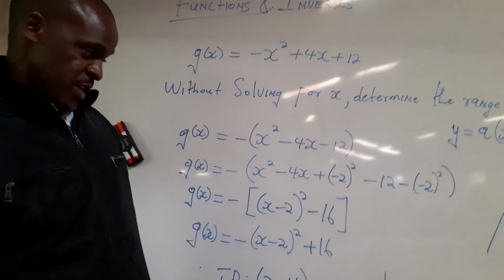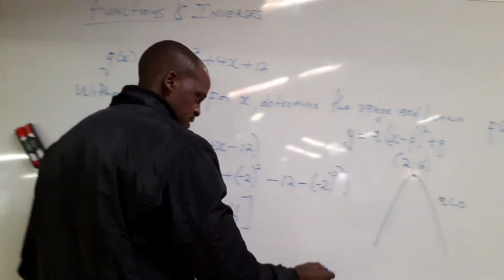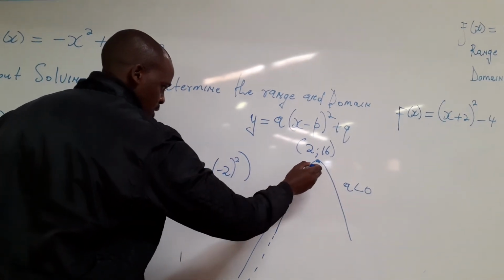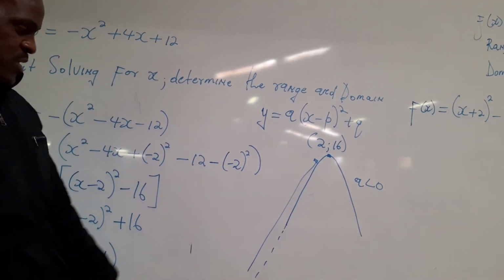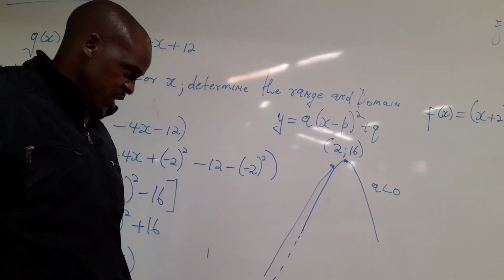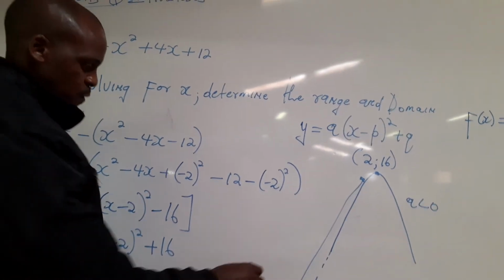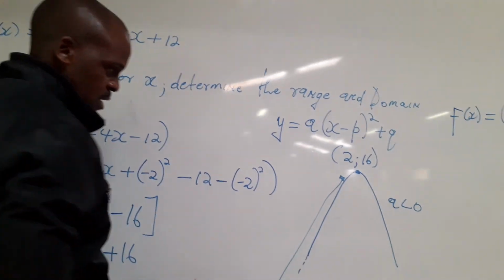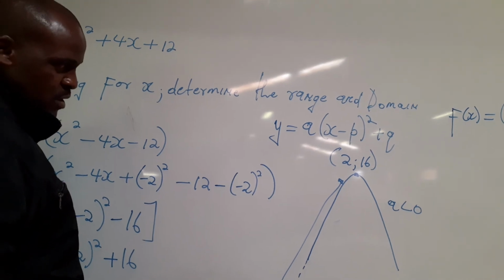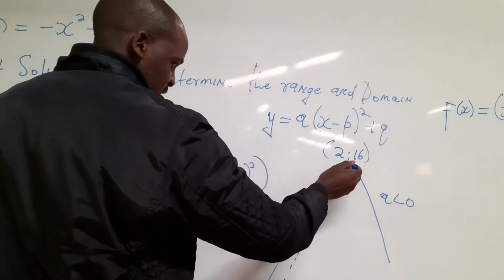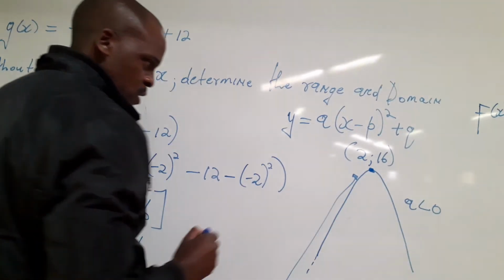We are to find the range. This graph is ranging from this side upward. In other words, it is ranging from negative infinity up to 16. That's our range. Or it ranges where y is less than or equal to 16.